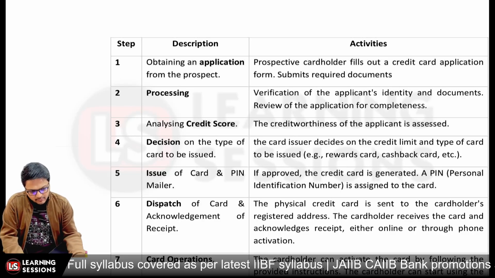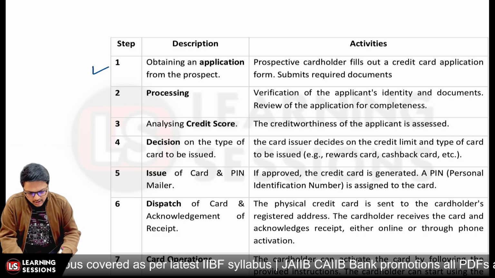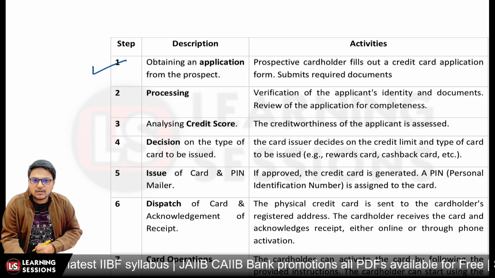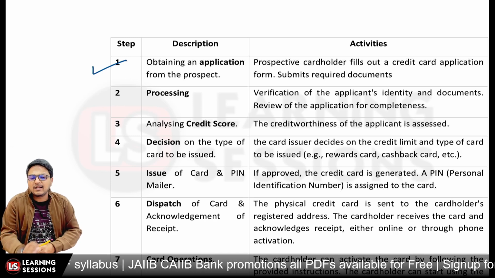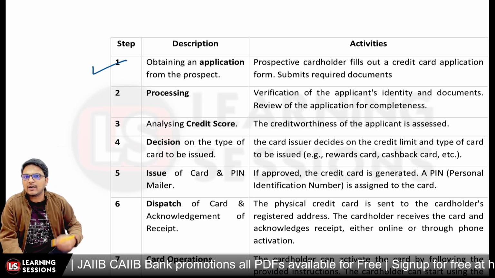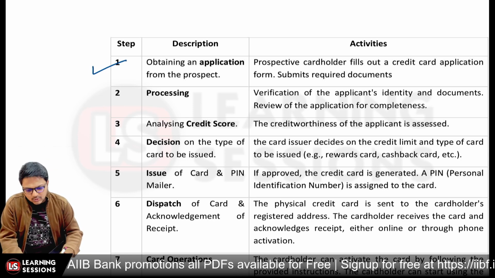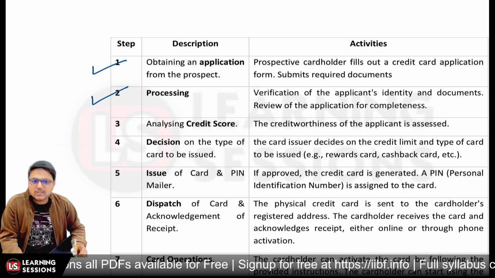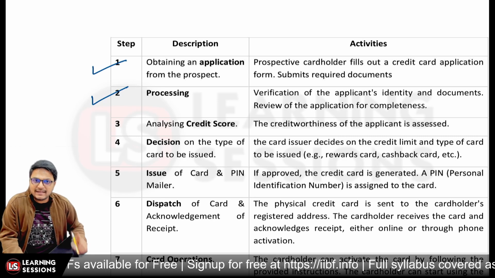So the first step over here, it's related to obtaining the application. Now the application will be obtained from the applicant over there. The prospective card holder will be filling out all the details related to the application form and will be submitting the required documents along with that, and those particular documents will be processed, like the verification of the documents, review of the application for completeness over there.